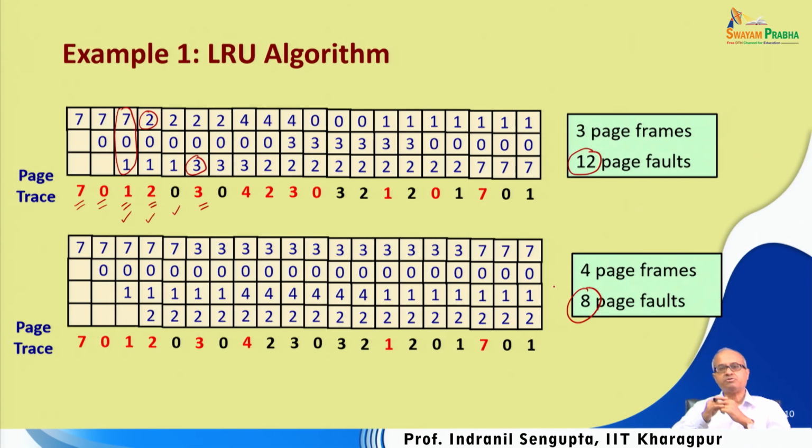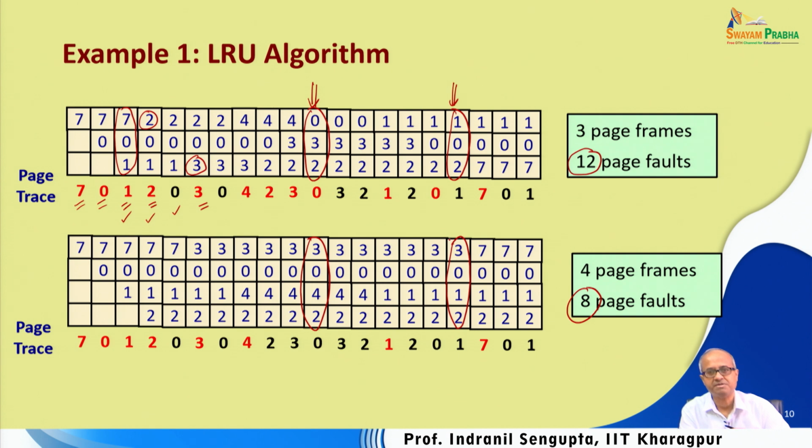But for LRU also, if you see, LRU is also a stack algorithm. If you look at any time step, let us say we look here. Here we have 0, 3 and 2. You have 0, 3, 2 and also you have 4. Take another time step, let us say here, you have 1, 0, 2. You have 1, 0, 2 and also you have 3.